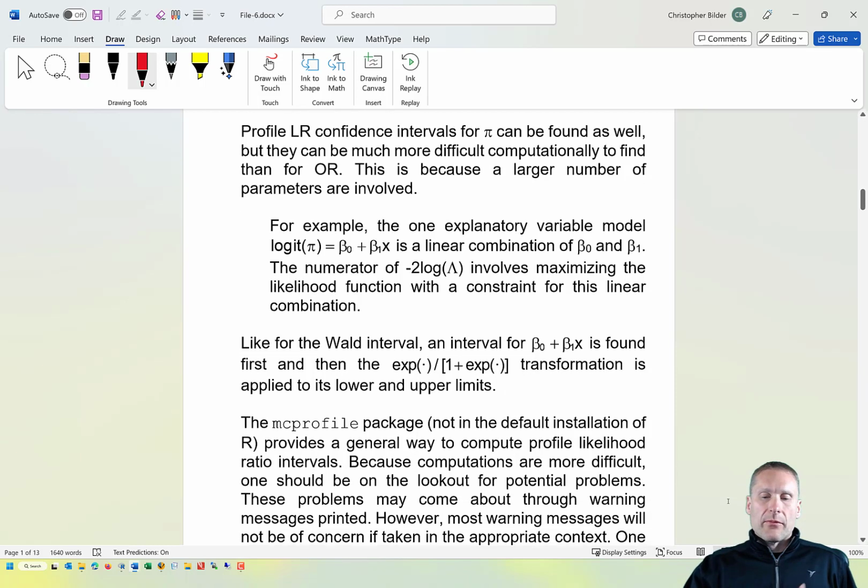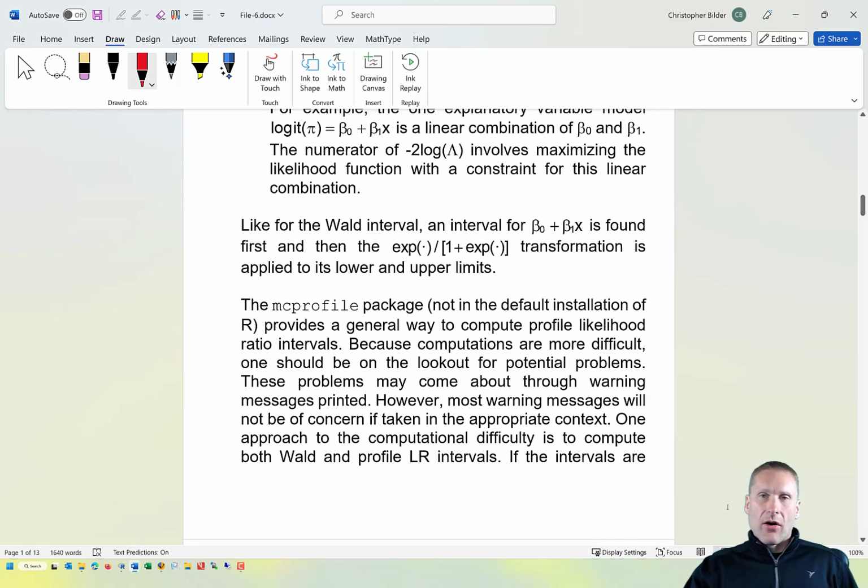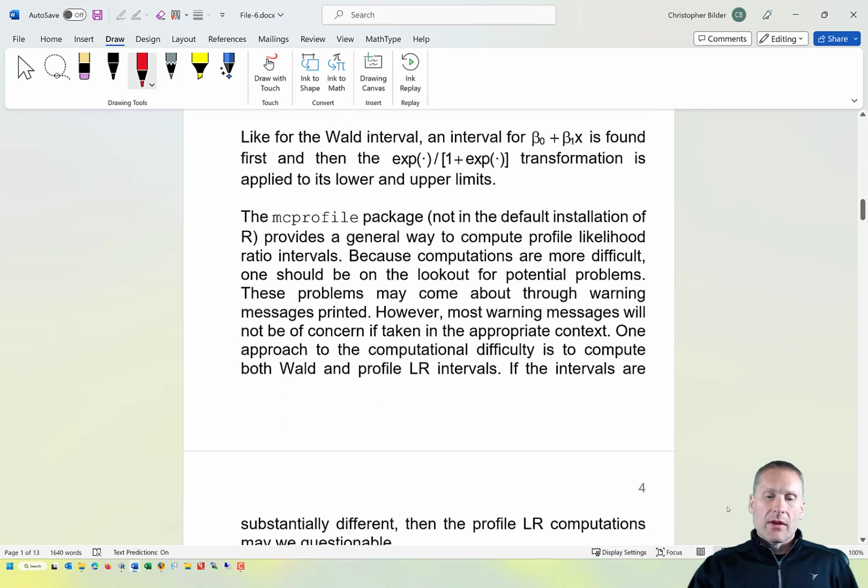So to find in R this corresponding interval, we need to use a package that's written by a user of R called mcprofile. This is a general purpose package that's used with a variety of different models, not just necessarily the logistic regression model, to find these profile likelihood ratio intervals. Now, there will be times when you use this that you may see some kind of warning message printed.